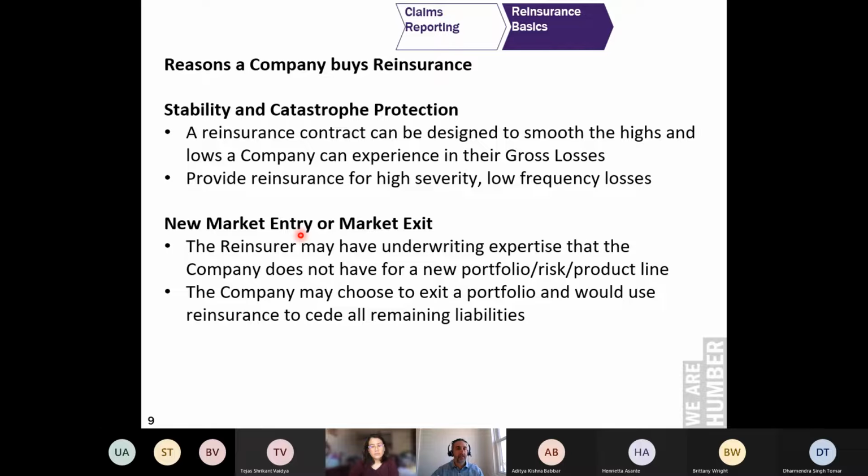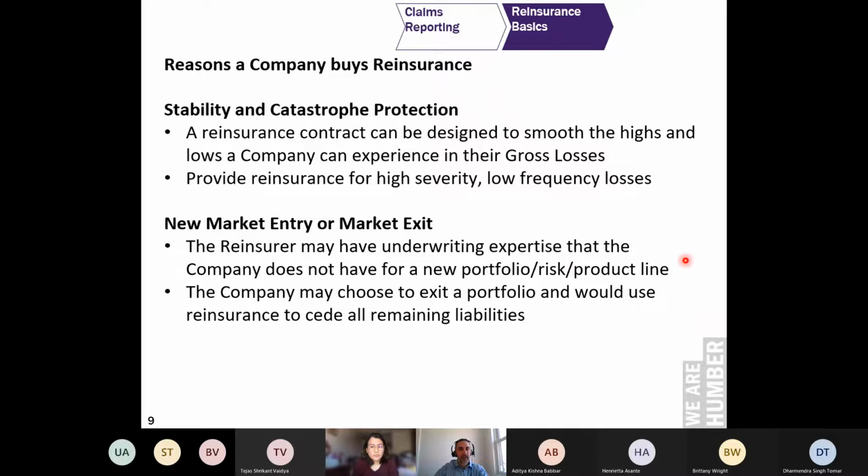The company could issue the policy to the policyholder, and then together they share the premiums and the claims on that specific type of portfolio or risk or product line.